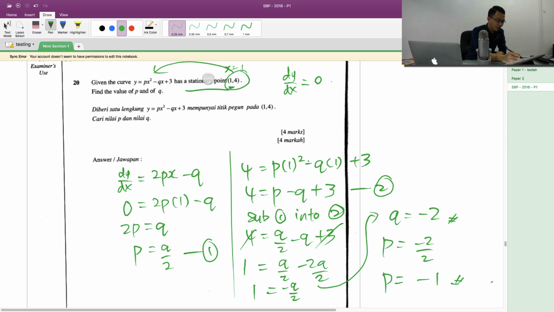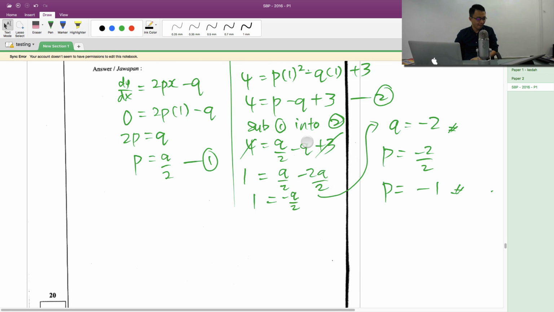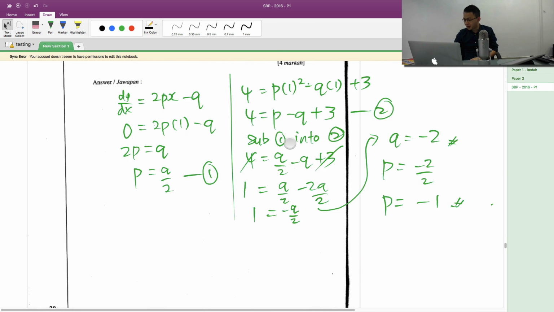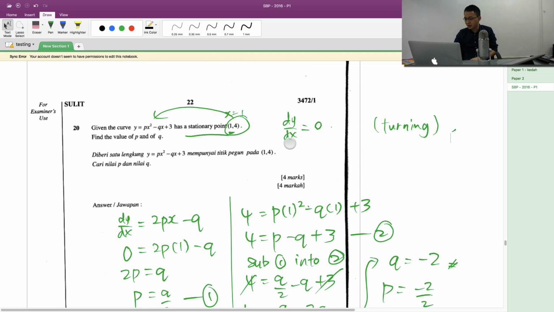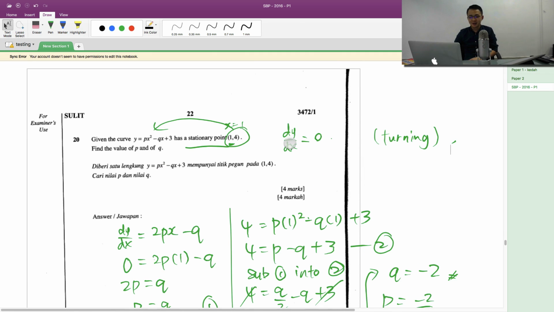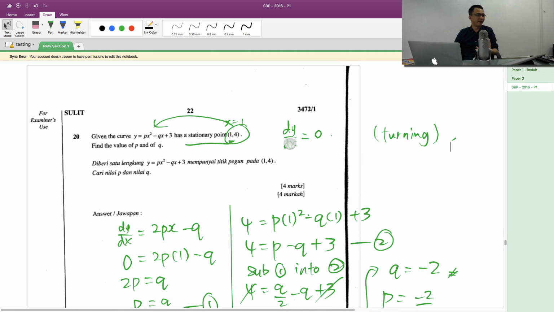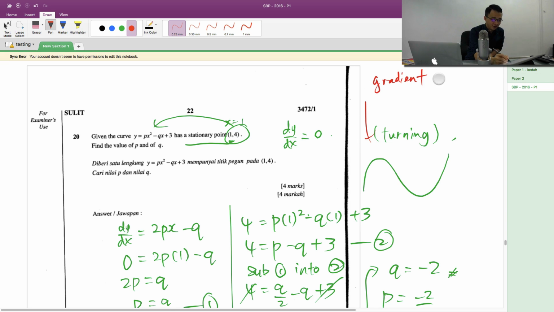Just you have to understand, whenever you see stationary, or sometimes you will see turning point, it means dy/dx equals 0. So this is something you have to pay attention to. If okay, then we're going to move on. How do we know when we need to use dy/dx? Whenever you see a curve. For whatever curve, if they ask you to find the gradient function, meaning the gradient of the curve, you have to do dy/dx.